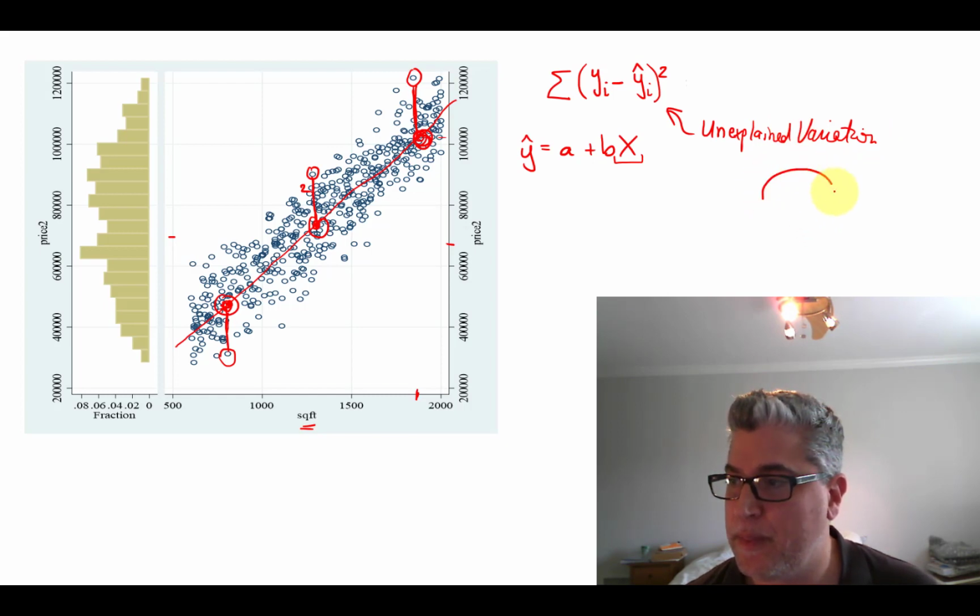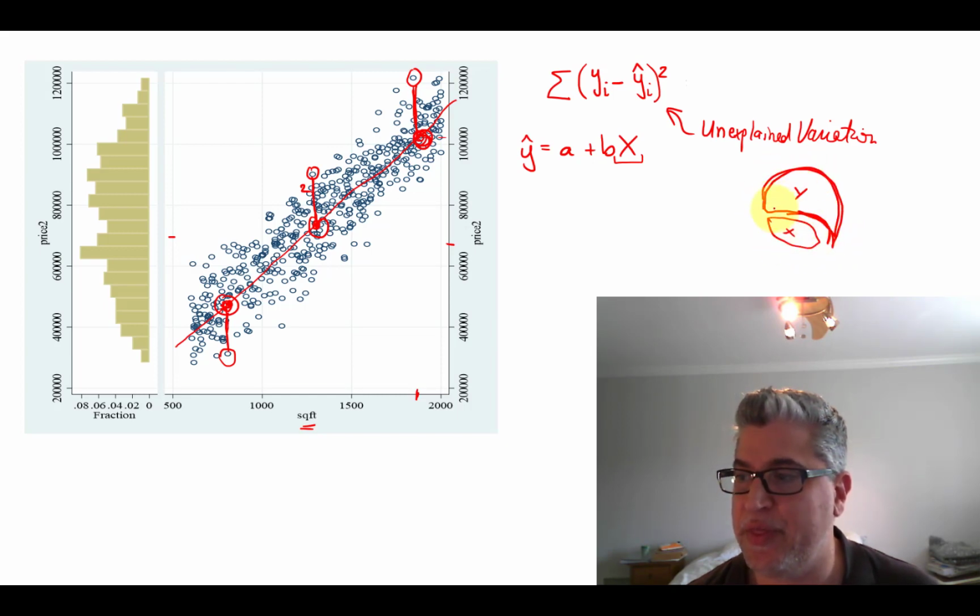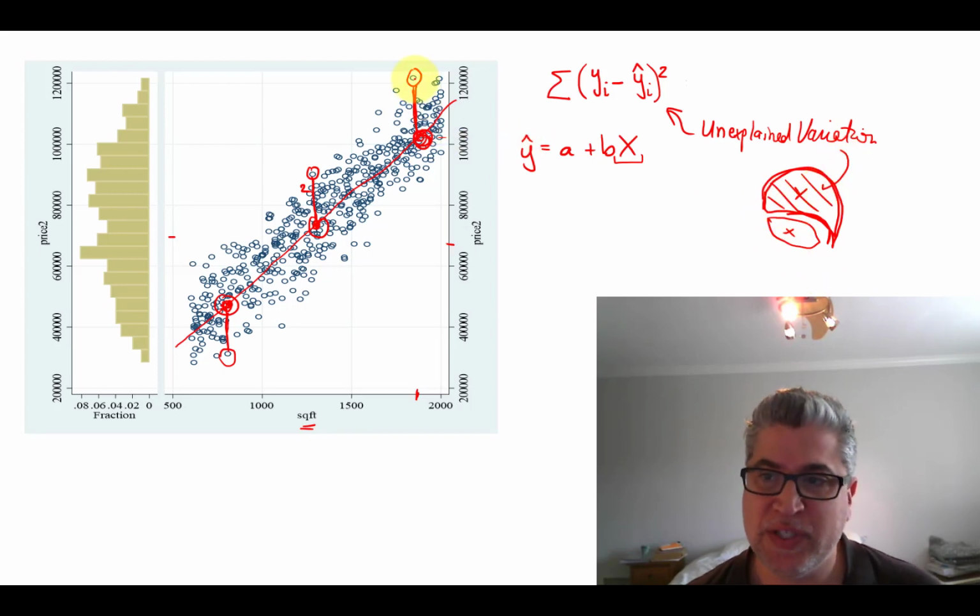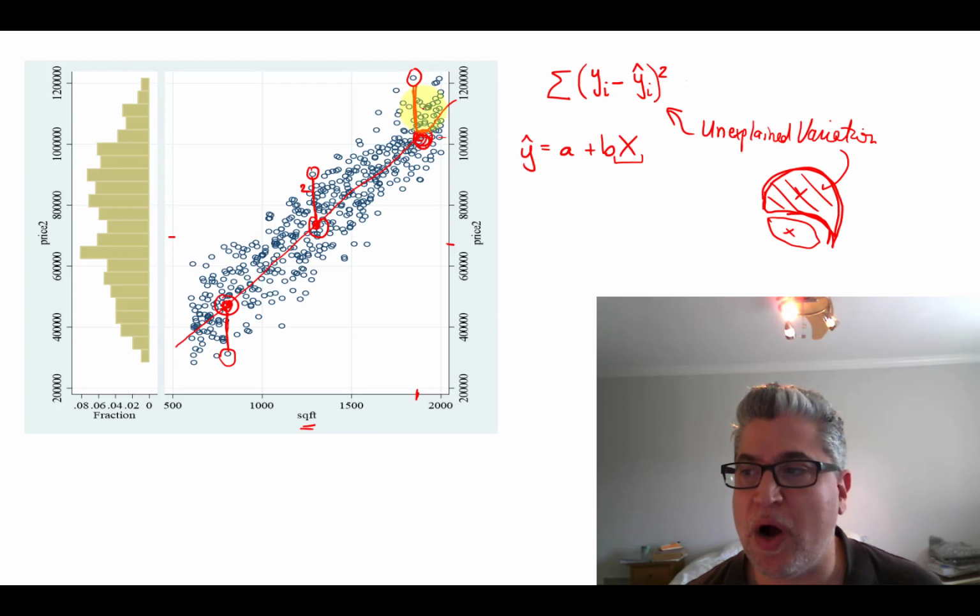Or it was the part of y, wow, that's a bad drawing, the part of y that had nothing to do with x. So the unexplained variation was this. In other words, we still had price that was different from what we predicted, even when we were using square footage. So our unexplained differences in price, that's our unexplained variation.